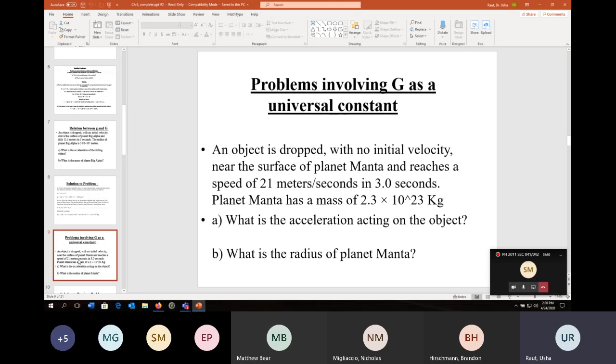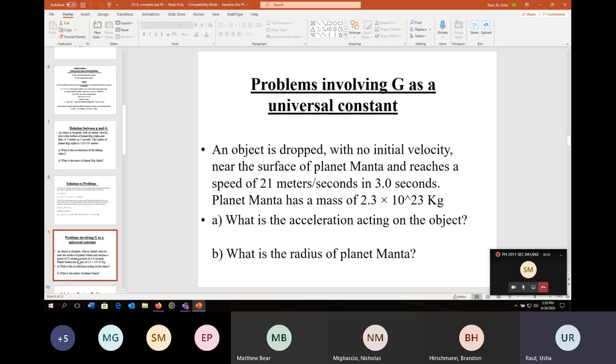So in 3 seconds after it's dropped, it's seen to be moving at 21 meters per second. And if that planet has a mass of 2.3 times 10 to the 23 kilograms, what would be the acceleration of gravity on that object? And what's the radius of that planet?